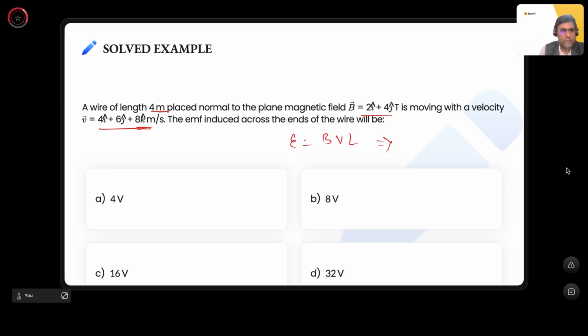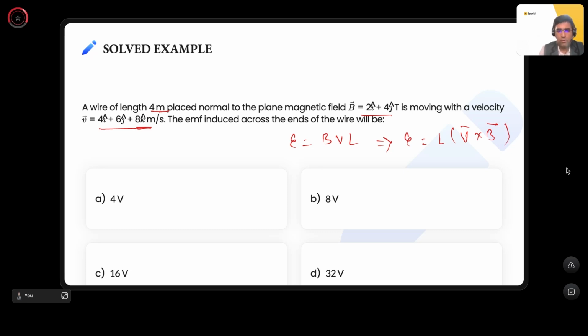Either we find it through the matrix method, or we can do it directly, there are some tricks, but it is better to do it with your matrix method. So the formula will be EMF induced equals L into V cross B. All right, this will be the general formula.